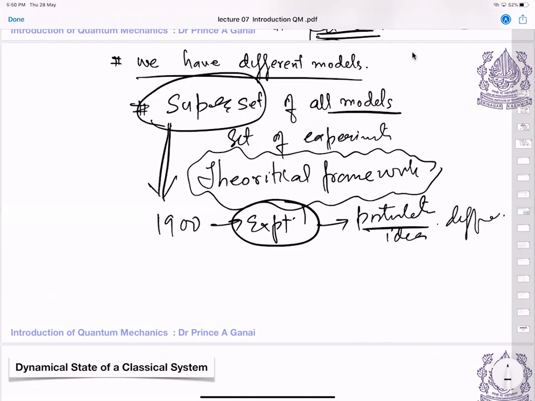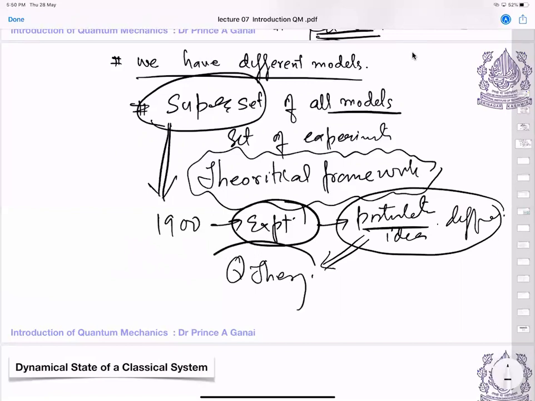You have Bohr's idea. Then a stage was reached where we figured out how to take a recipe from all the models and build what's called our quantum theory. So quantum theory is finally the product of all the things that have been happening in physics for around 30-40 years.